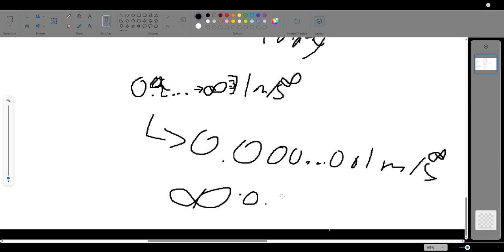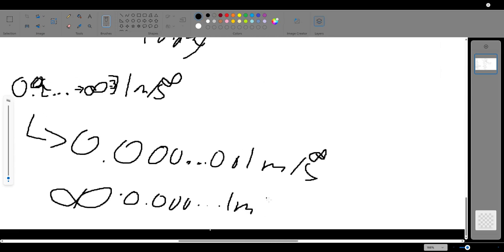times 0.000 whatever 1. Meters per second infinity minus 1.